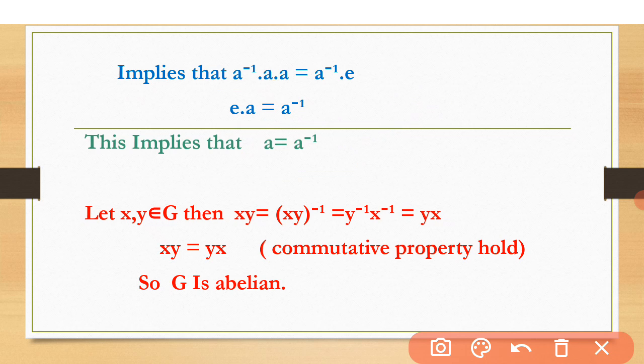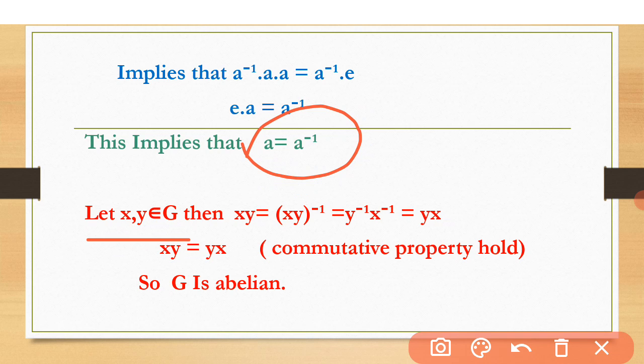By taking this result, we can easily prove that the elements that have order 2 make an abelian group. So let X and Y belong to G, and as we talked about previously, every element is its self inverse.